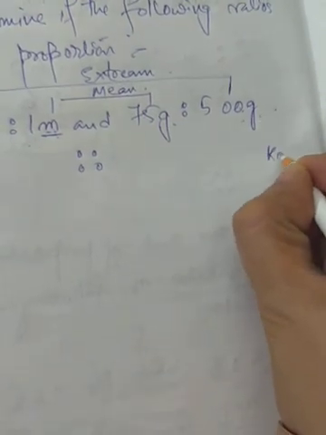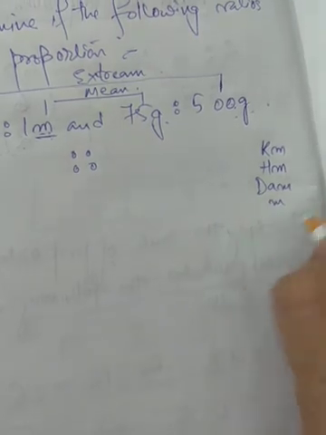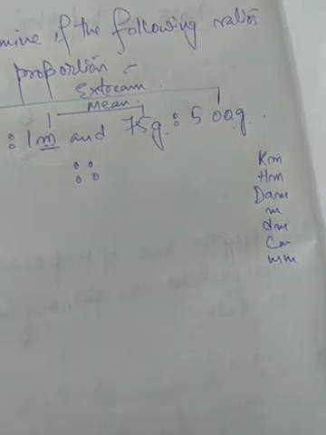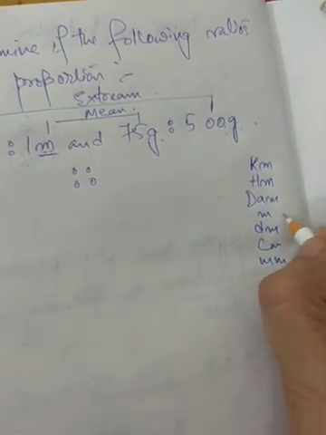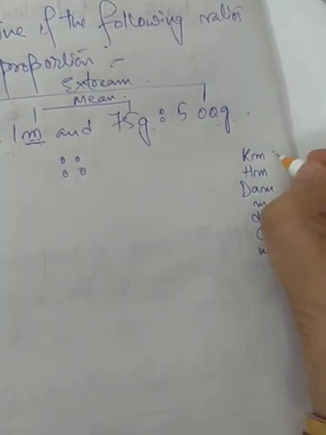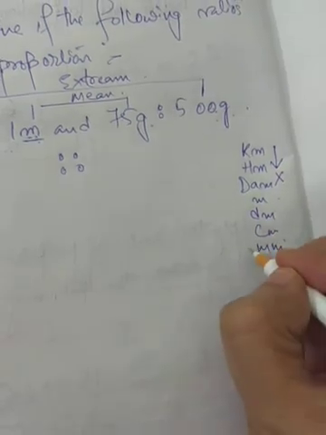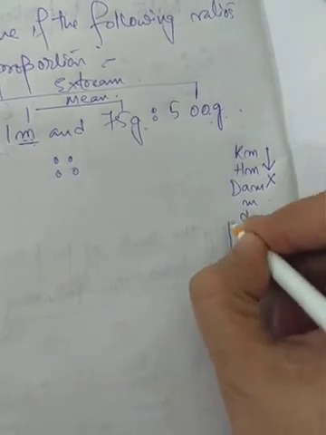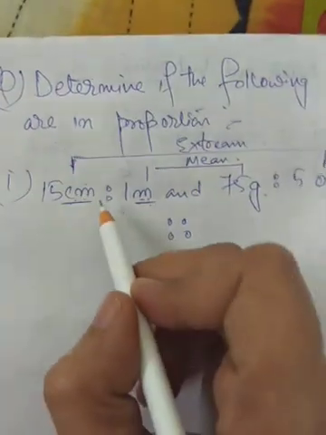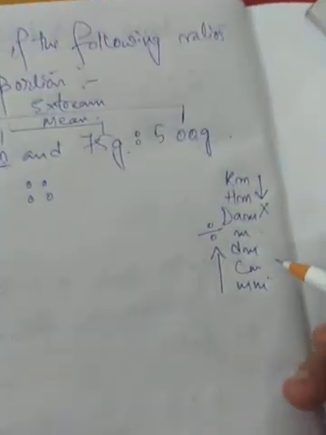The table was kilometer, hectometer, decameter, meter, decimeter, centimeter and millimeter. If I need to convert from an upper unit to a lower unit, I have to do multiplication. And if I want to go from a lower unit to an upper unit, we have to do division.